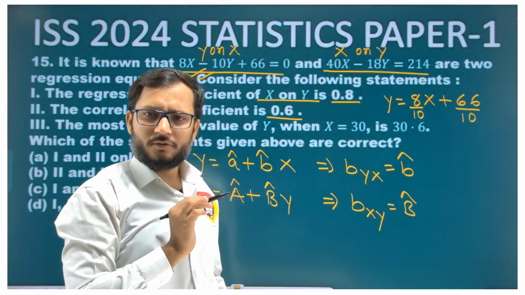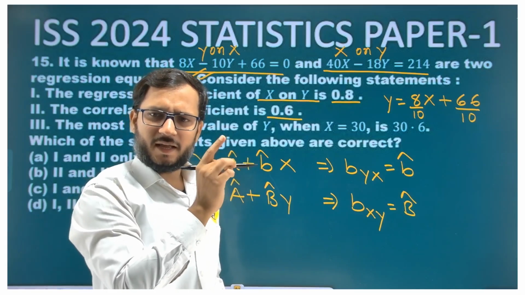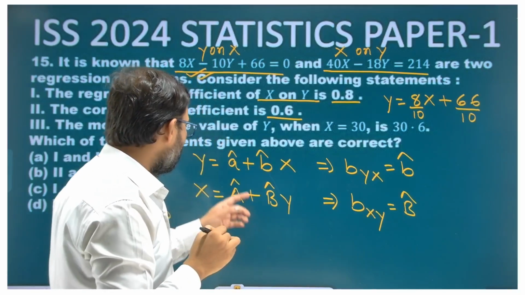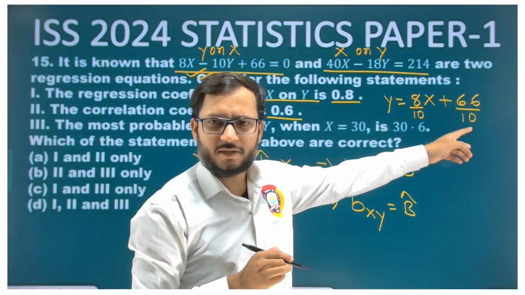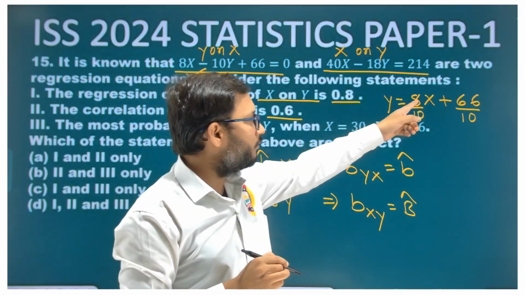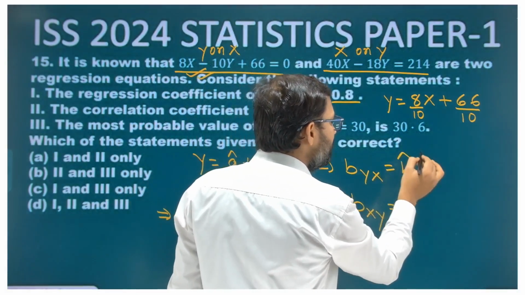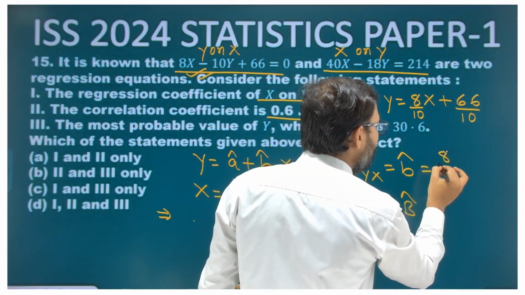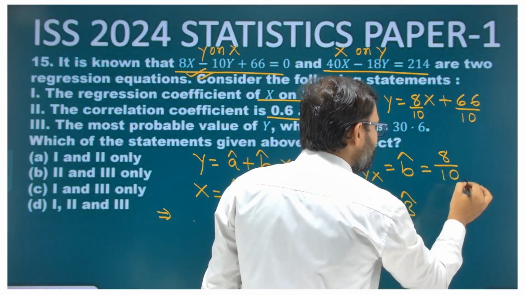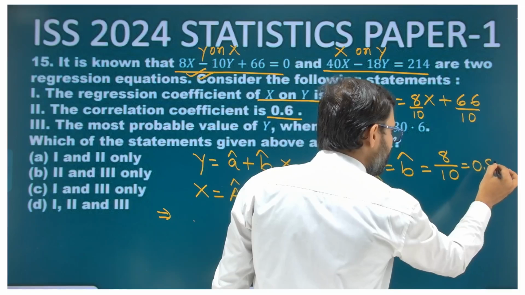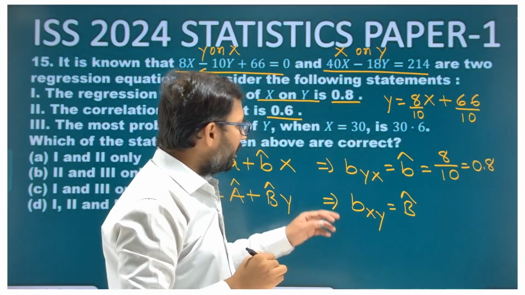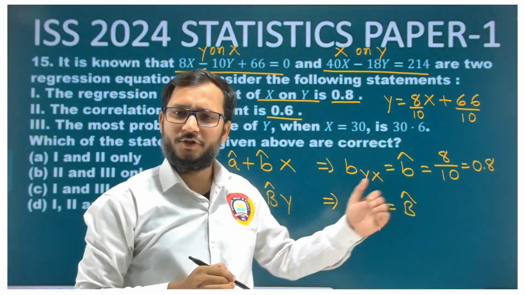So here a cap is equal to 66 upon 10 and b cap is equal to 8 upon 10. That means byx, which is b cap, is equal to 8 upon 10, which is 0.8. That means the regression coefficient of y on x is 0.8.